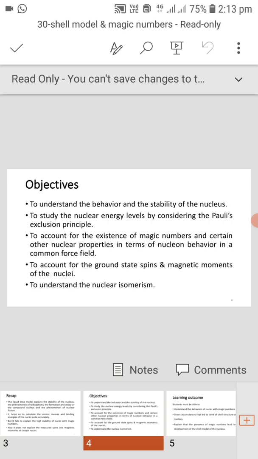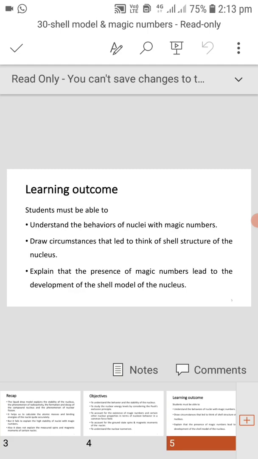So the objectives of this shell model are to understand the behavior and the stability of the nucleus, to study the nuclear energy levels by considering Pauli's exclusion principle, to account for the existence of magic numbers and certain other nuclear properties in terms of nucleon behavior in a common force field, to account for the ground state spins and magnetic moments of the nuclei, and also to understand nuclear isomerism.